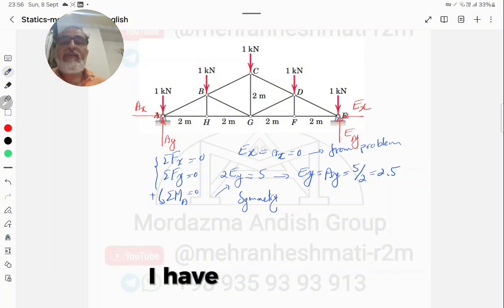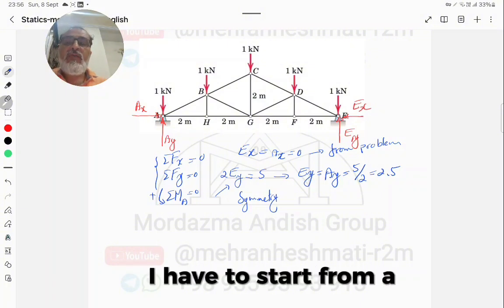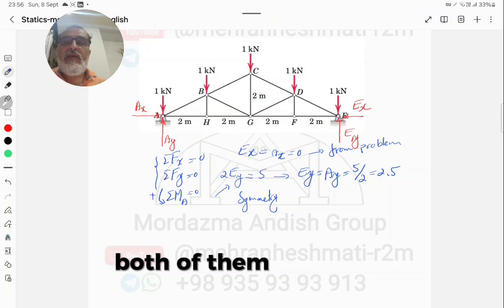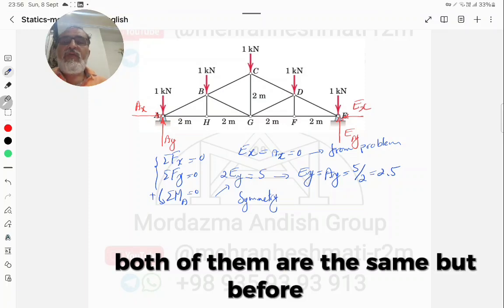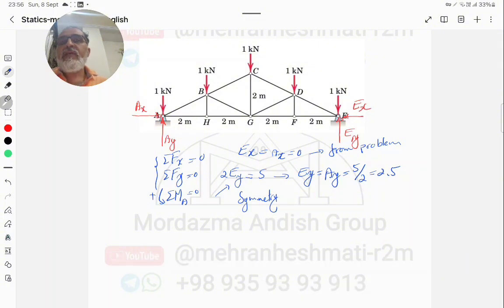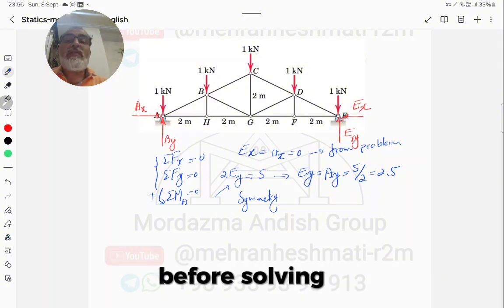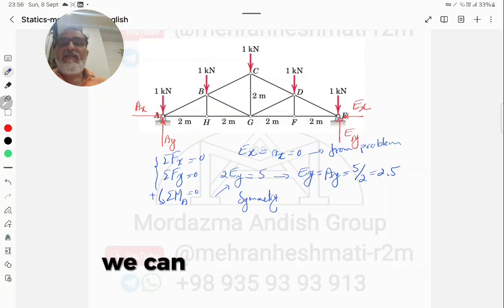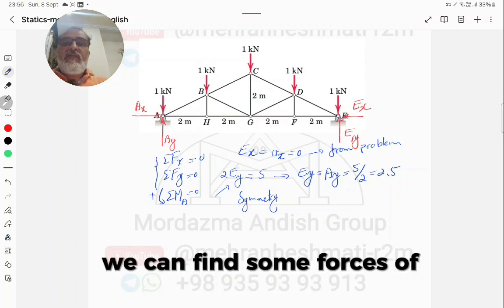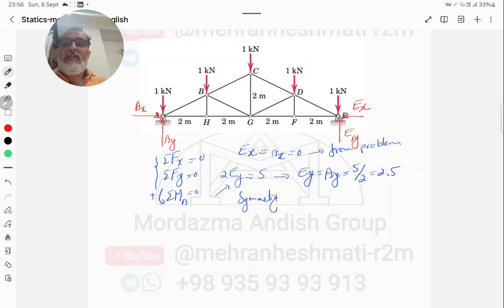So I have to start from A or E. Both of them are the same, but before solving this truss, I should say that we can find some forces of some members now.